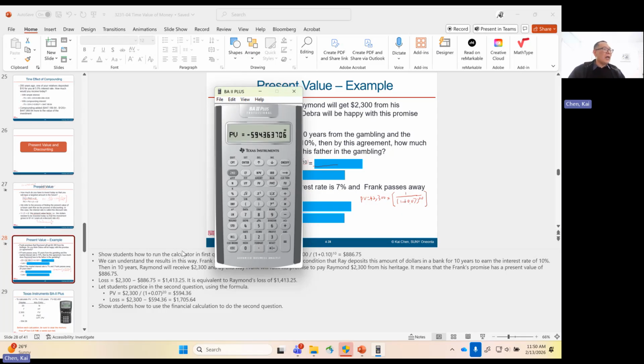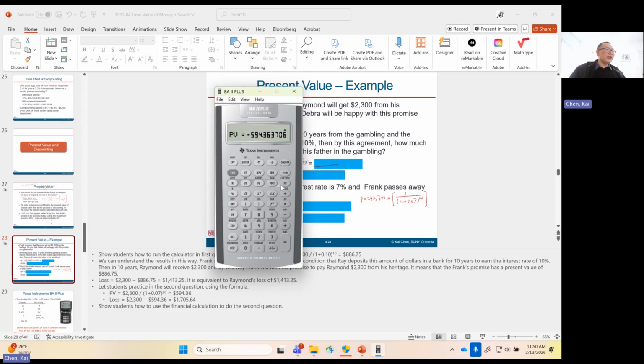Again, when you are using a financial calculator, keep in mind, first of all, I/Y should be in percentage: percentage in and percentage out. And PV and FV, present value and future value, should be defined according to their direction, cash inflow or cash outflow.